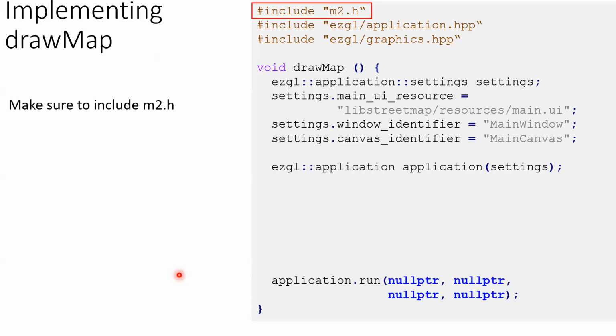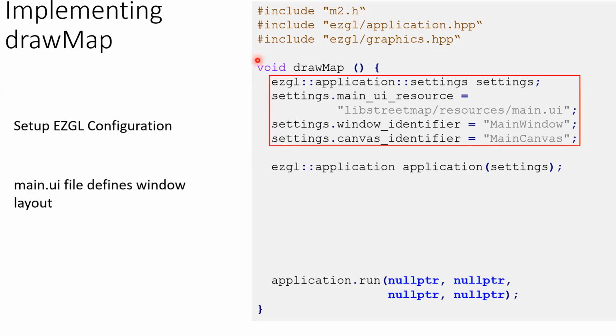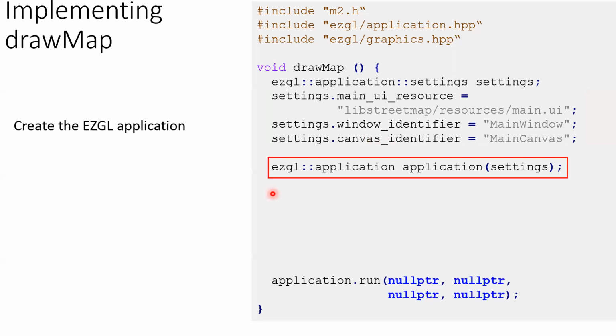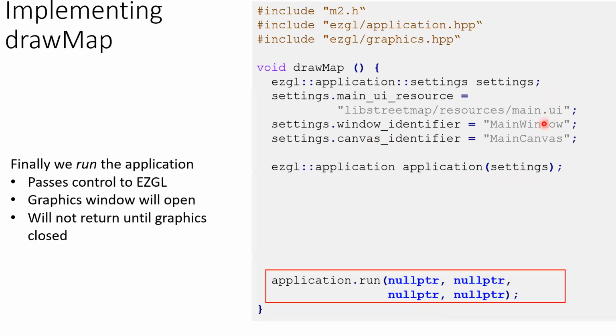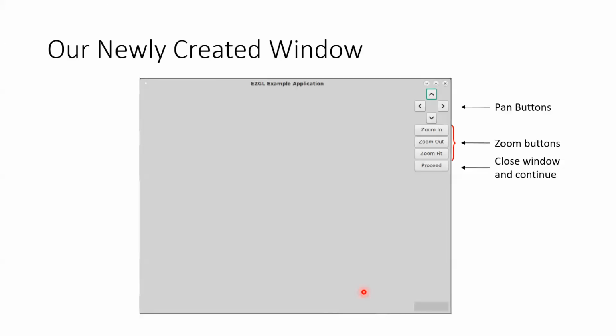Then you need to write the draw map. The draw map will start with settings, and these are just the commands to set the settings. Then create an application with the settings. The main.ui is just the window layout. And hitting application.run will create this window with an empty canvas.